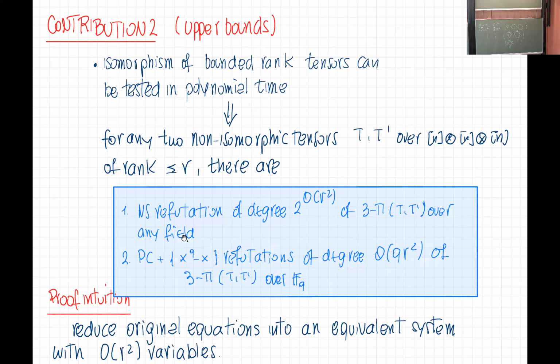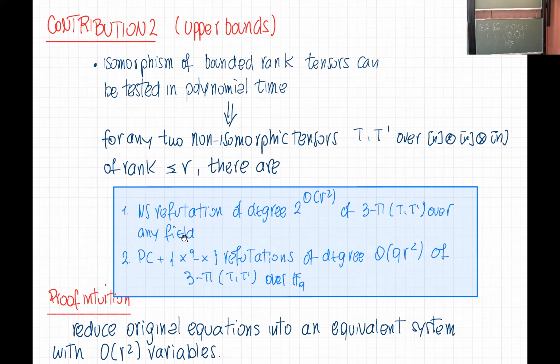So the second contribution is on the upper bound side for this tensor isomorphism on the rank. What we are proving is that in Nullstellensatz, which I think was introduced before, we can prove a Nullstellensatz refutation of degree 2 to the R squared for three tensor isomorphism over any field, for T and T prime.